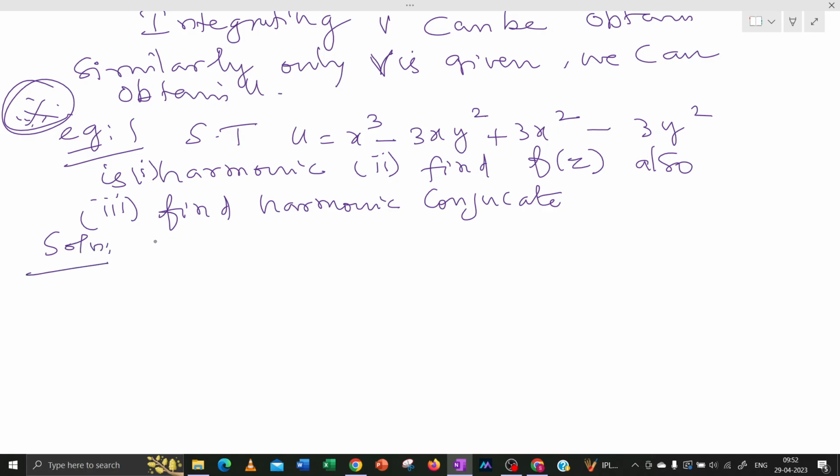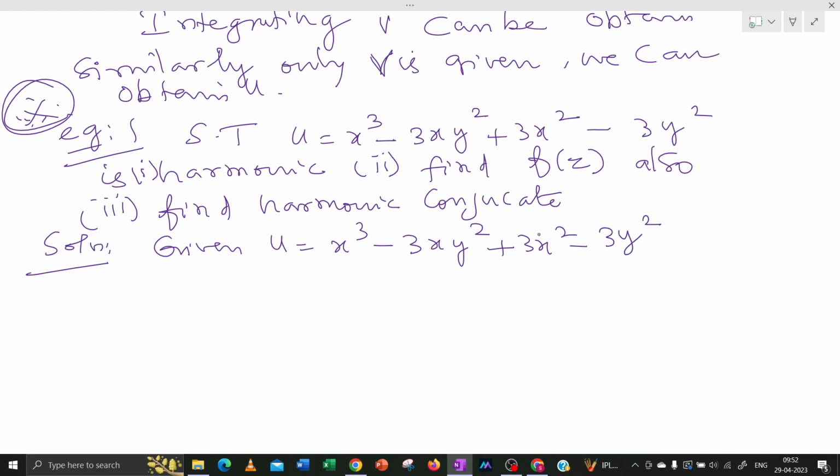What is given here? u equal to x cube minus 3xy square plus 3x square minus 3y square.